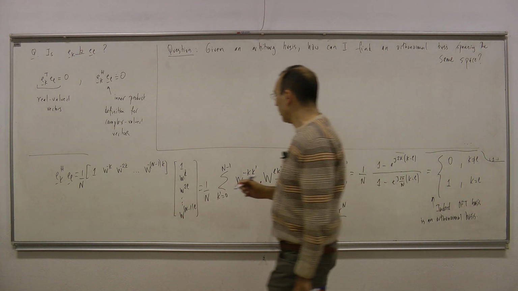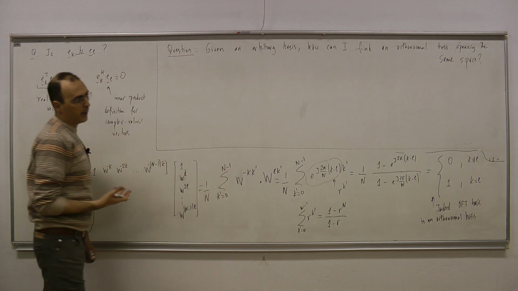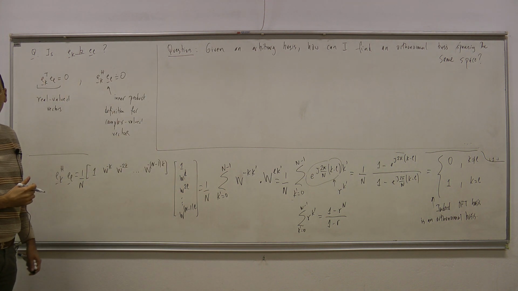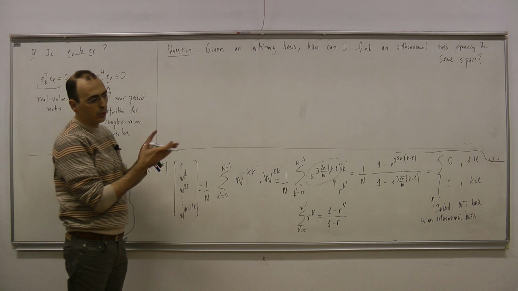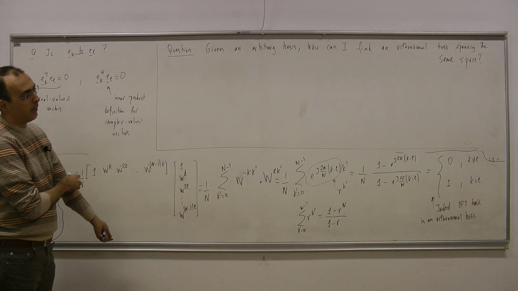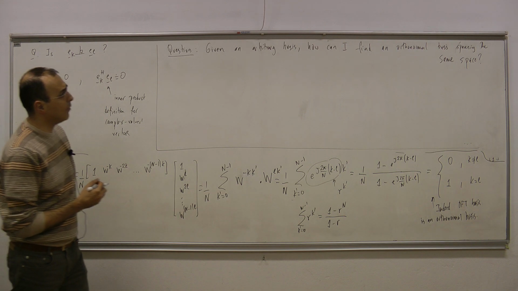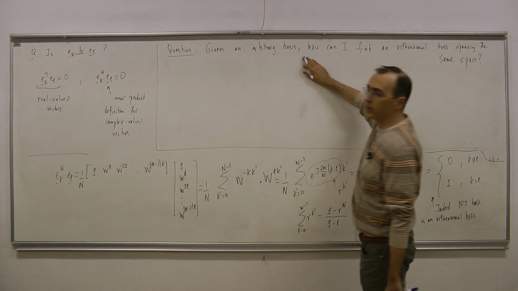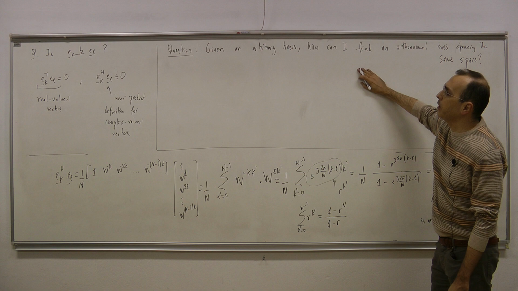So as you see, if you have an orthonormal basis, it brings some advantages. So you can use the regular component by component decomposition to represent a vector. Okay? But in general, not all bases are orthonormal. So how can I find one?